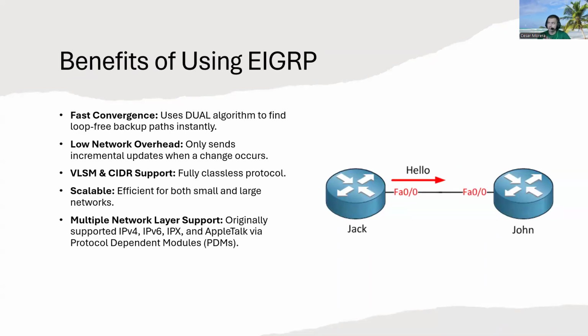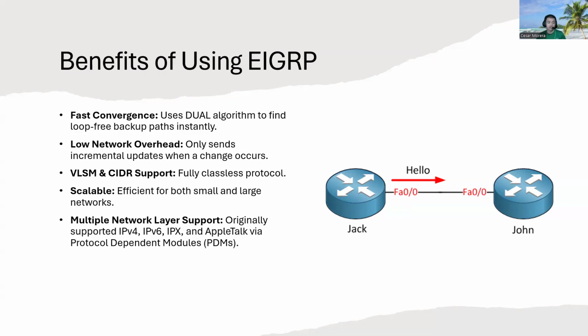Some of the benefits of using EIGRP. We have fast convergence. It uses the DUAL algorithm to find loop-free backup paths instantly. Low network overhead: it only sends incremental updates when a change occurs. VLSM and CIDR support: it is a fully classless protocol.